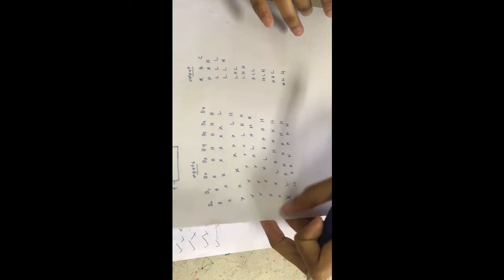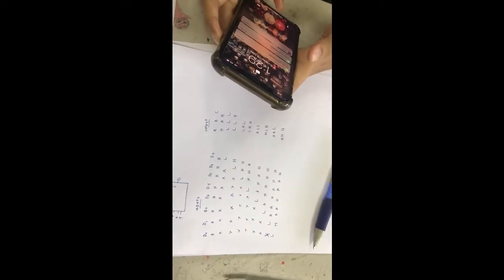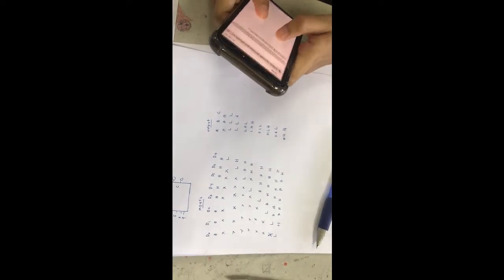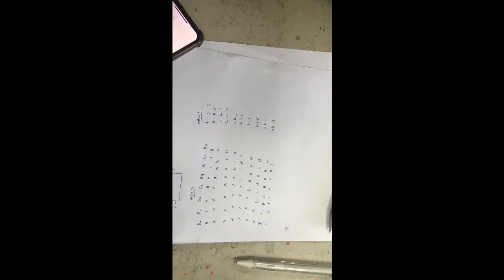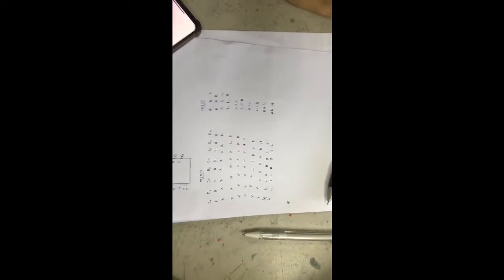Okay, let's solve the question. It says that all of the inputs are in logic 0 state.